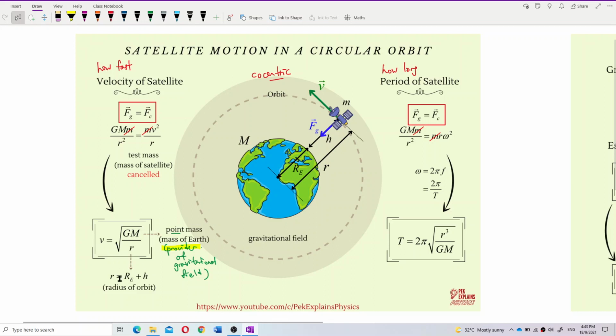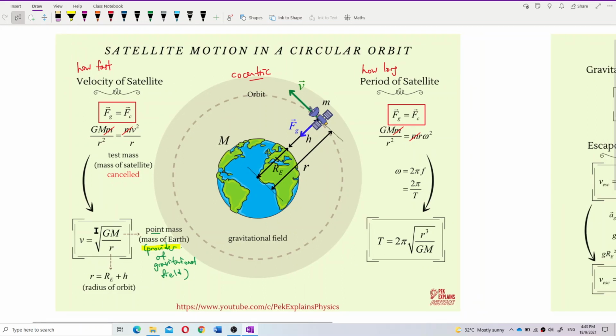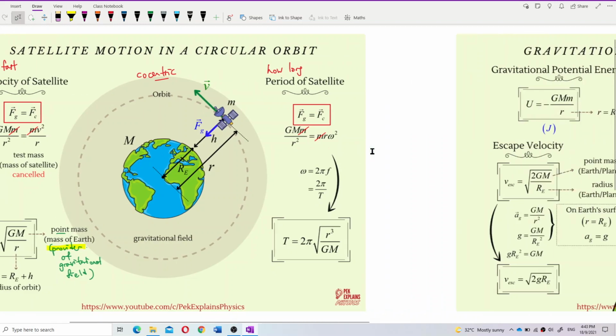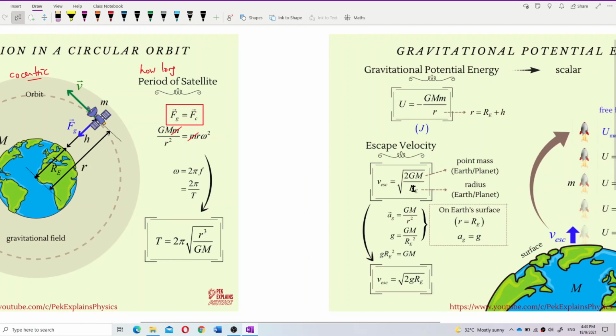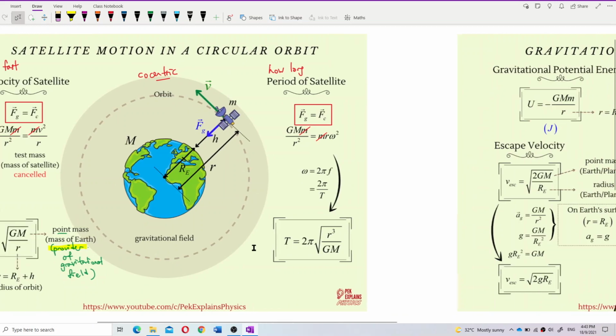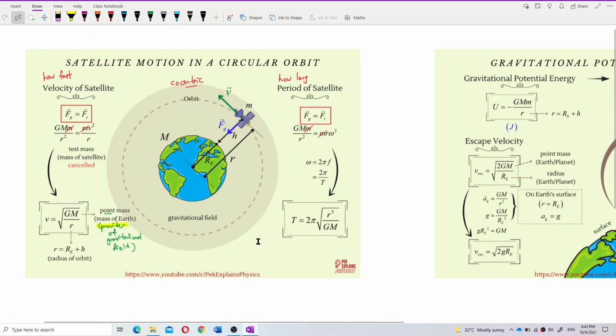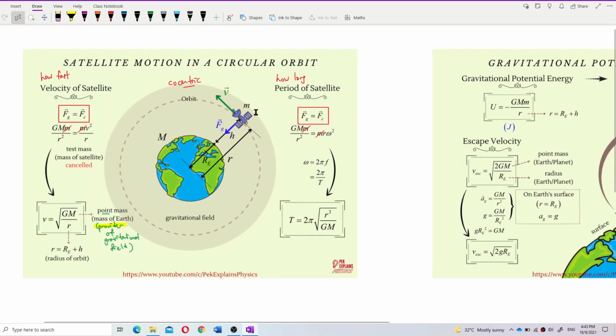Okay. So I want you to compare this velocity of satellite with escape velocity, because both of them have almost similar formula. Do you notice that? This is velocity of satellite. This is escape velocity.